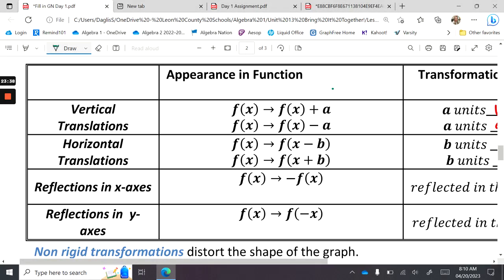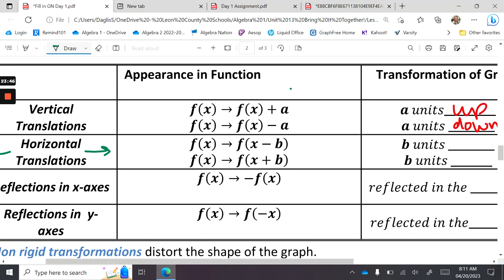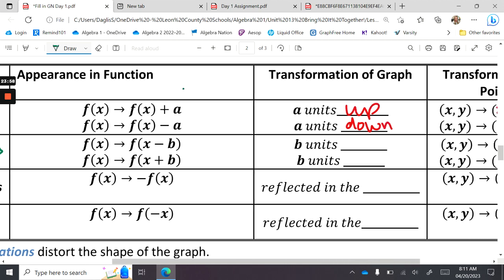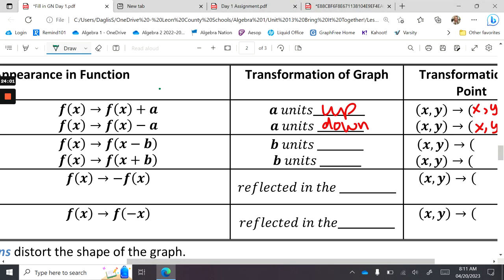Okay, so vertical means up and down. Horizontal means left and right. So see how we're attached to my x now? Doesn't that make sense? Because it's the x-axis where we're moving left and right. Okay, but do you remember what's special about that? We always said inside opposite because subtracting b actually means to move to the right. Adding b makes it move to the left. Remember, if I had to solve, I'd have to add b over. Here, I'd have to subtract the b over.